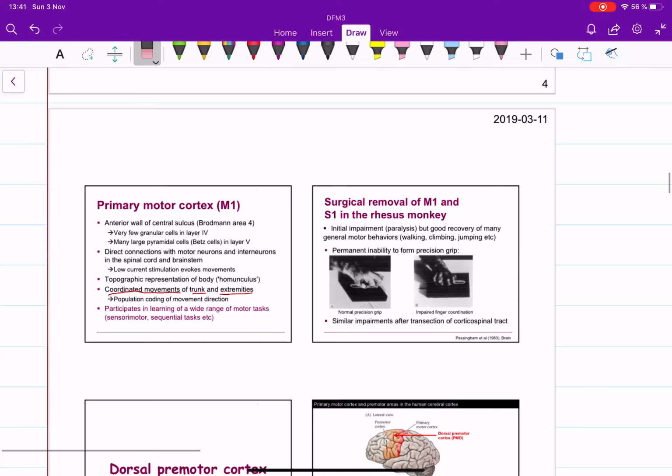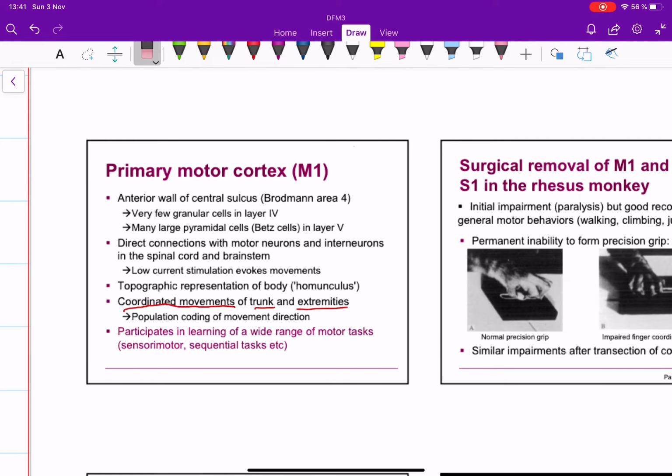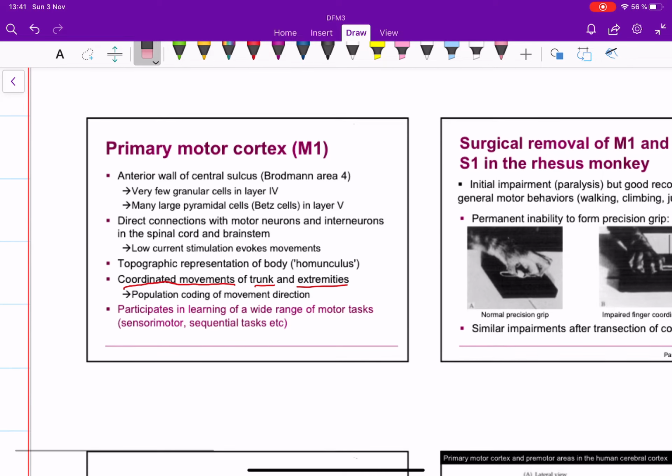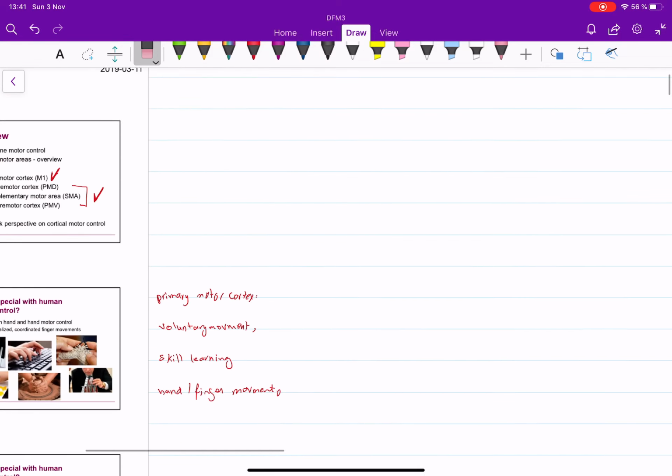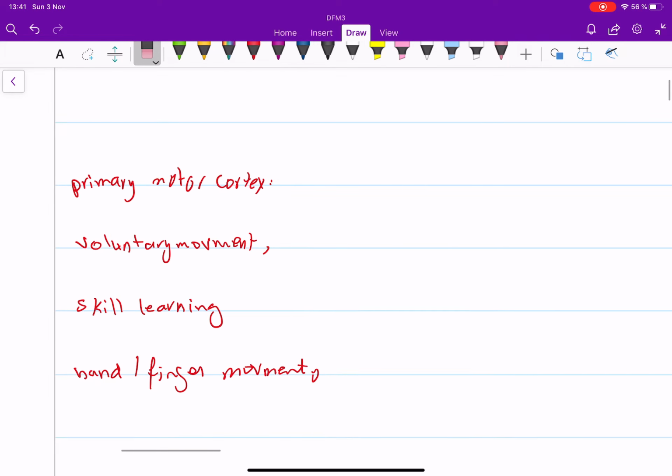To summarize, the primary motor cortex is responsible for voluntary movement and skill learning and hand and finger movement.